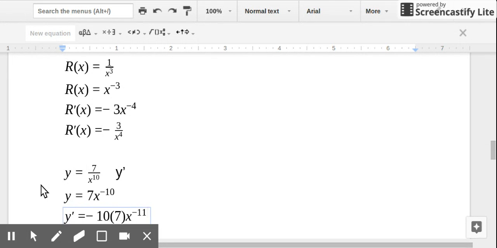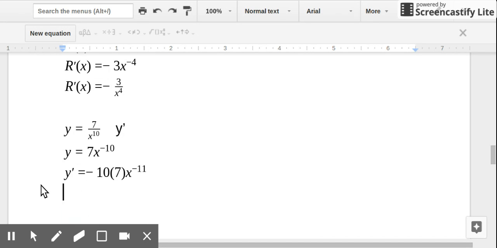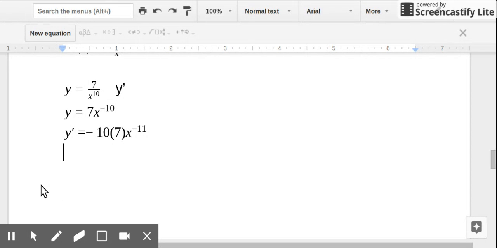Then we want to clean this up. We have -10 times 7, which gives us -70, divided by x raised to the 11th power.